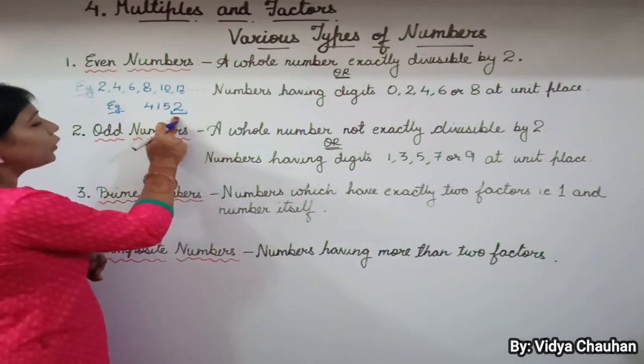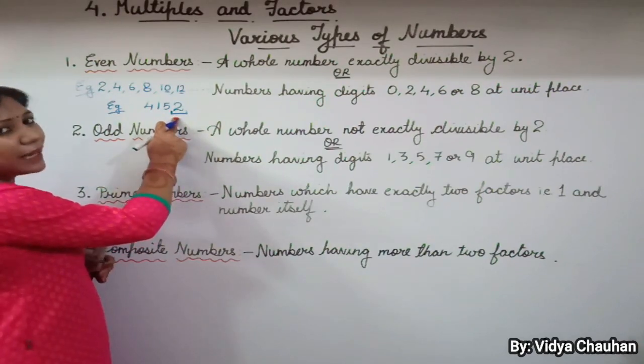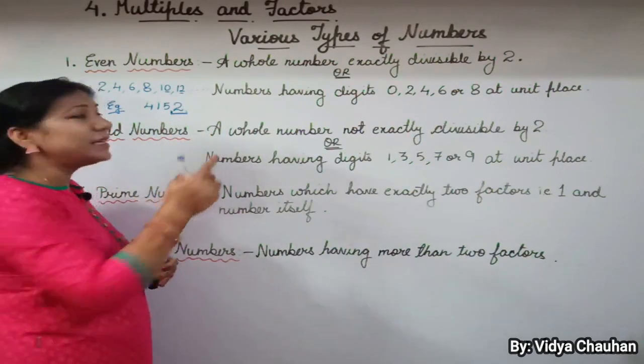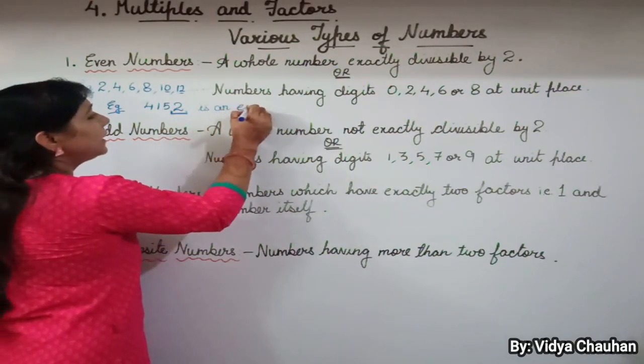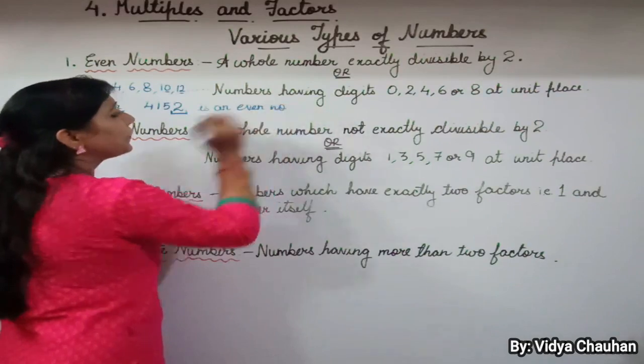So here, what digit do we have at the unit place? At the unit place we have 2. That means this number is an even number.